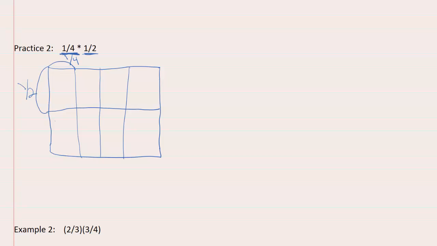So that'll be 1/4 wide and 1/2 tall. So now we can see that when we put those two together, we have a total of 1, 2, 3, 4, 5, 6, 7, 8 pieces. So each piece is going to be an 1/8, and only one of them is filled in. So our answer will be 1/8.